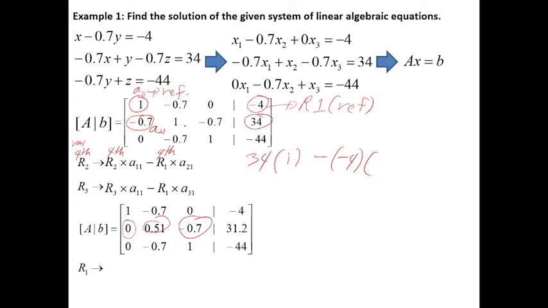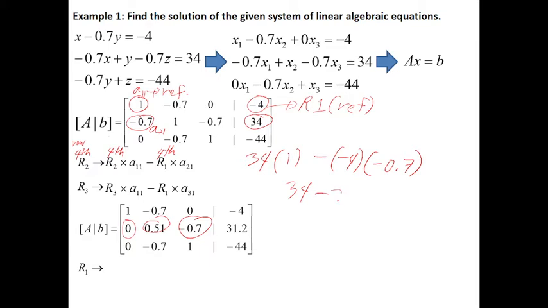Multiplied by A21, negative 0.7. And then, what will be our answer? 34 minus, 0.28 ba to? 4 times 0.7, 2.8.